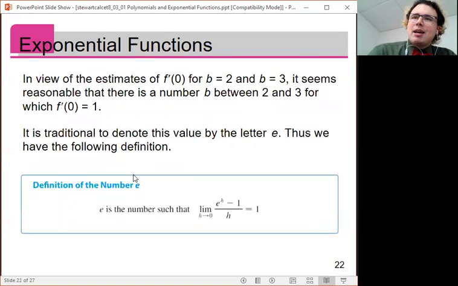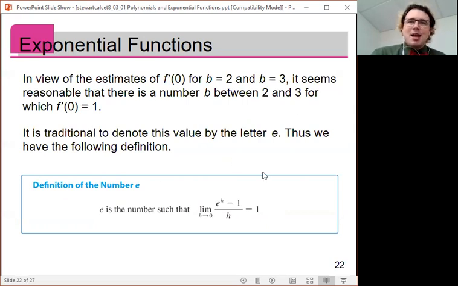I would like to pick a b such that that limit that I get is 1. And one of the ways we can get the number e is that e is the number that does what I want. The limit, as h approaches 0, of e to the power h minus 1, all divided by h, will equal 1.